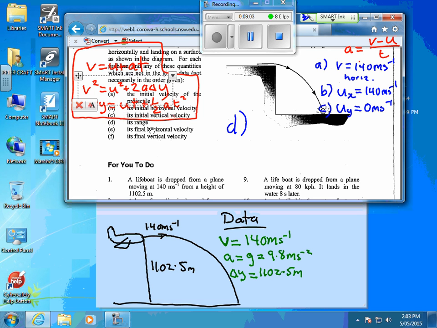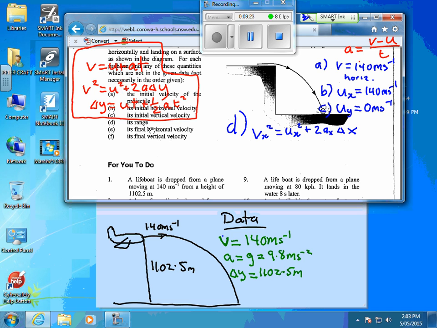The problem with doing that is quite simple. Let's try it. I can use this formula, vx squared equals ux squared plus 2ax delta x.